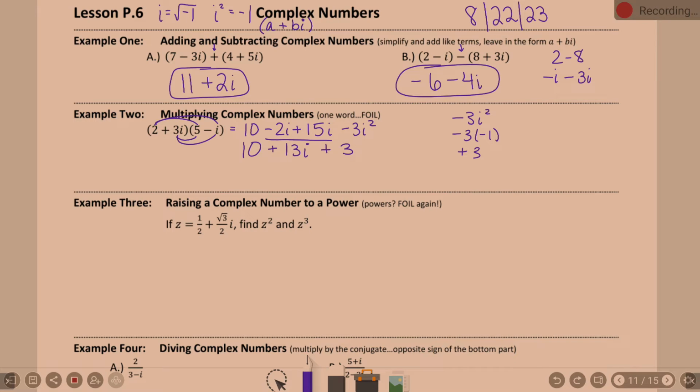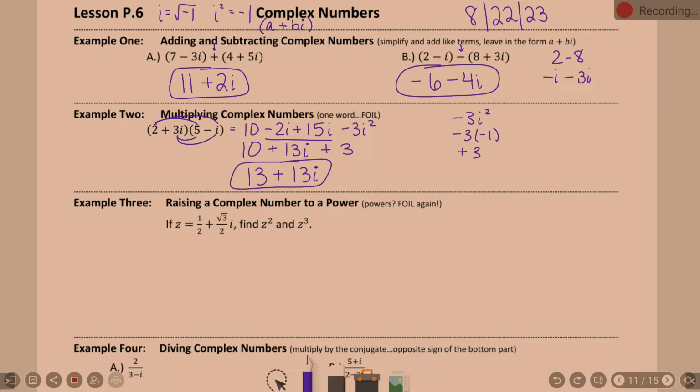So clean it up one more time. 10 plus 3 is 13, so 13 plus 13i. Never leave an i squared in an answer. i squared can always simplify and become -1. So far, so good?